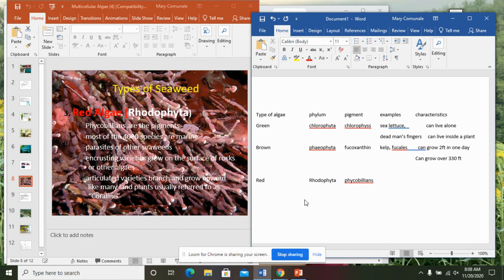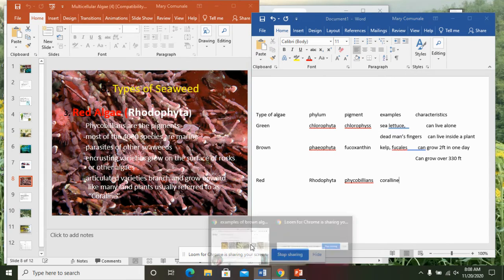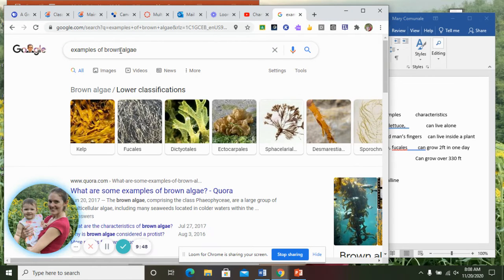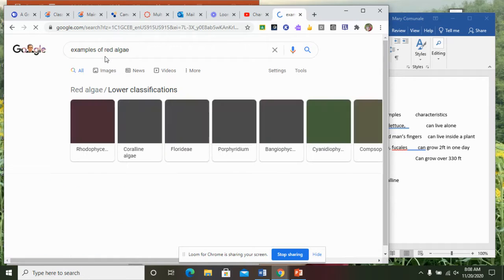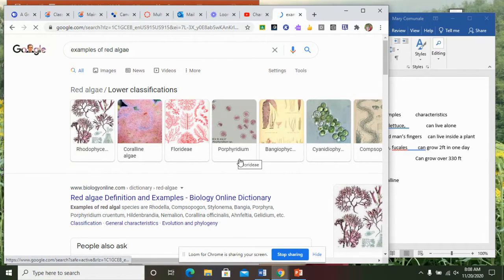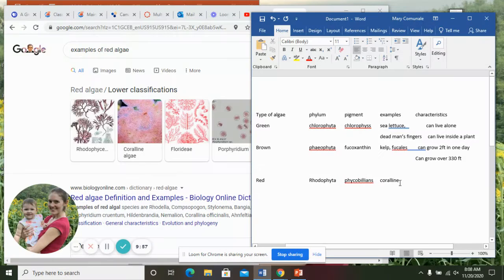Examples. Coralline, and since they only have one listed there, I'd go back to Google and search examples of red algae. And I would write this one down here, this Floridae.